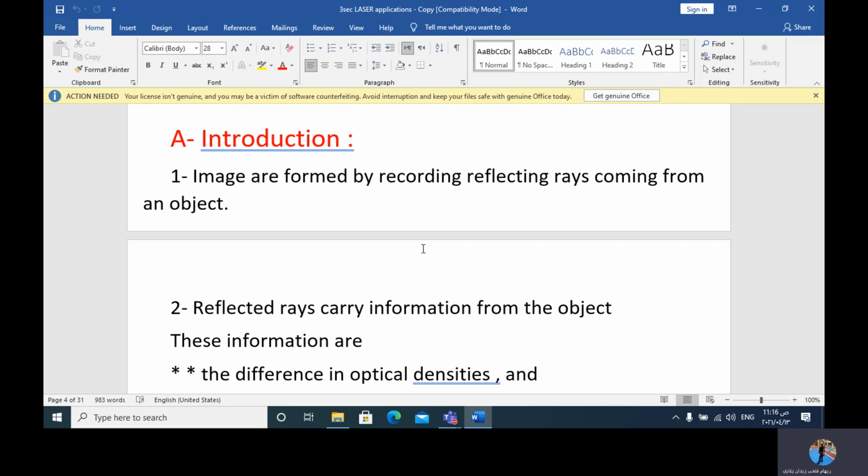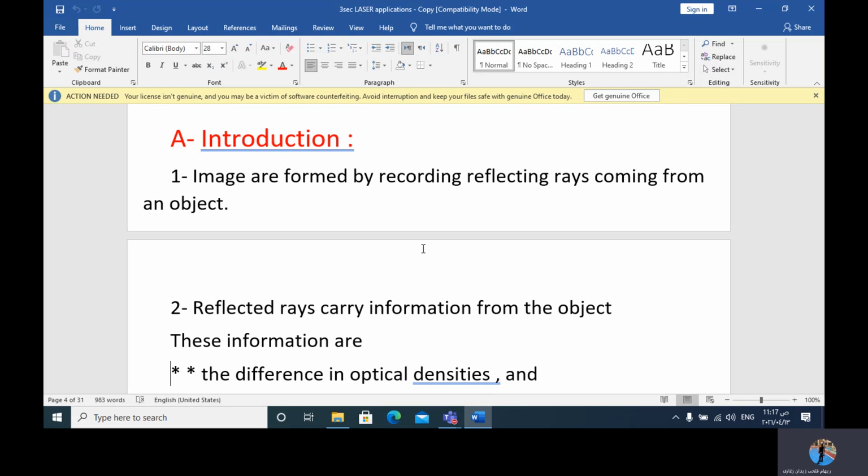Any image, like in any camera, whether we take an image using a simple camera or digital camera, depends on many things, such as the light falling on the object and the reflection of the light received by a sensitive photographic plate or film, and then developed to get the image.